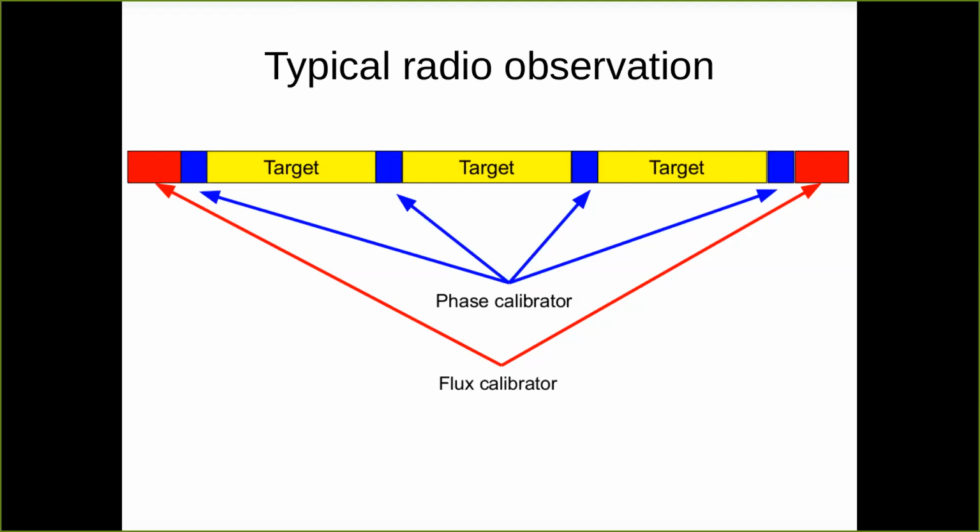And the second thing is that it is only the ideal case that the bandpass will be stable; as I showed you already, it also has a time dependence, but not as fast as the gain solution. So it's advisable to have more than one flux calibrator scan. And then you will have the phase calibrator scan at a smaller interval of time, because these ionosphere effects happen at a much smaller interval than the time scale at which the instrument changes its response.